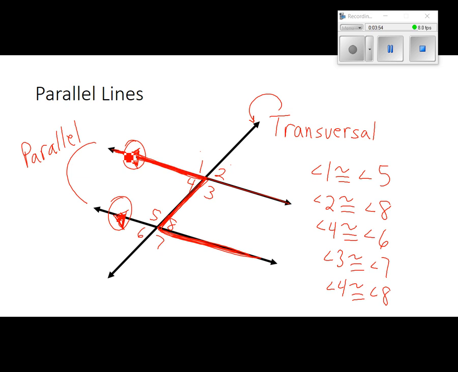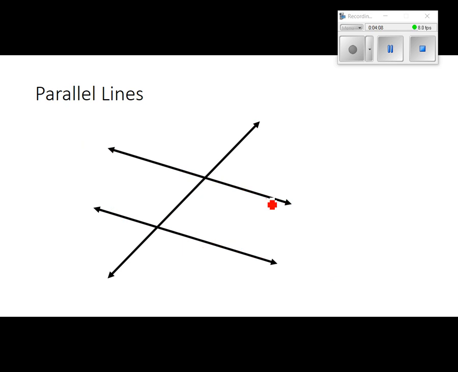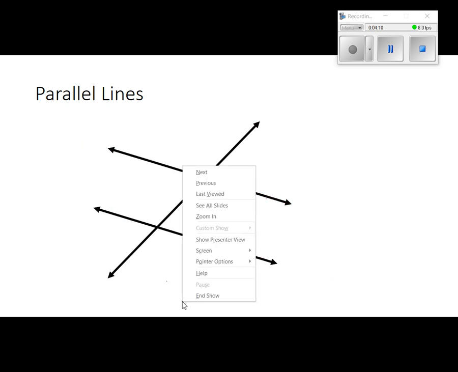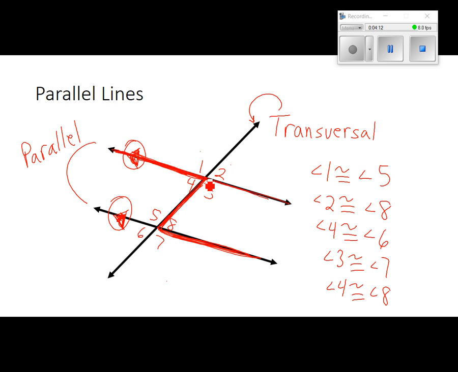What's another pair of angles then that's going to be congruent from that same? 2 and 5. Close. 2 and 6. And 6.